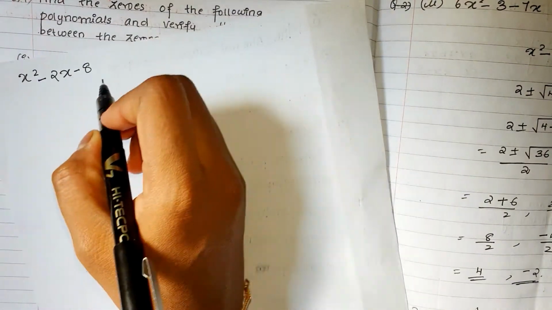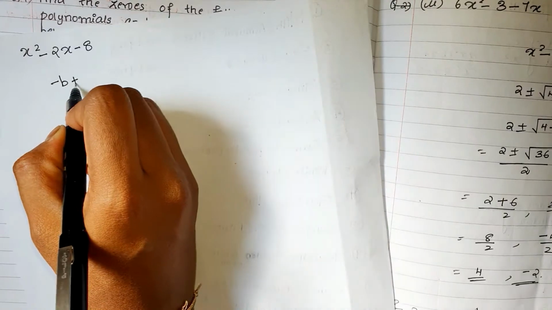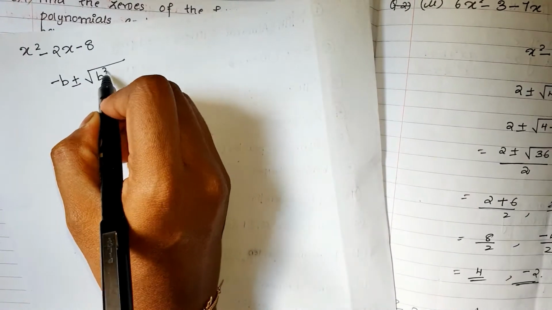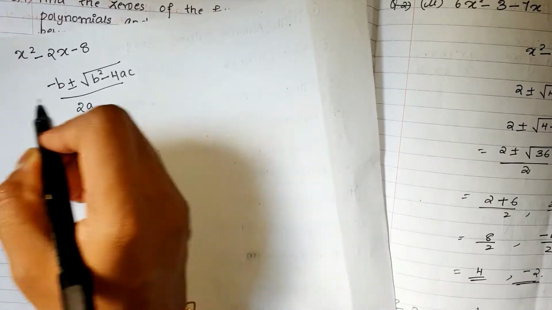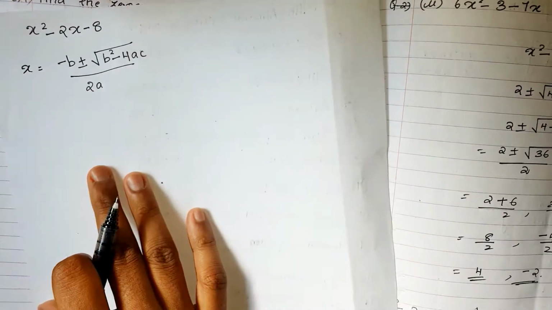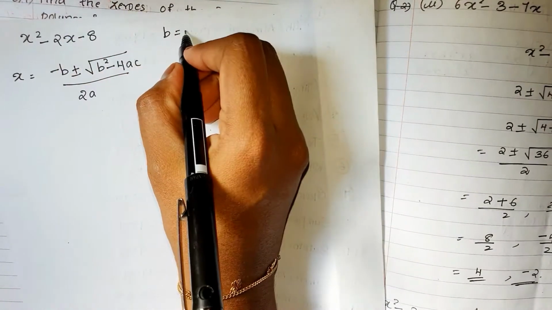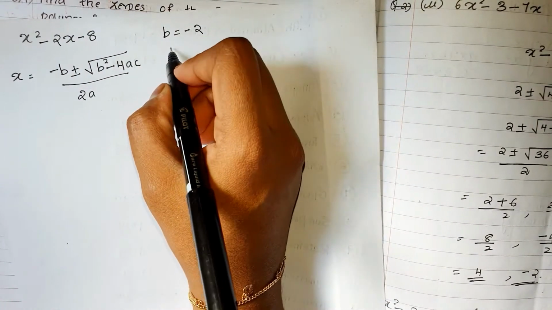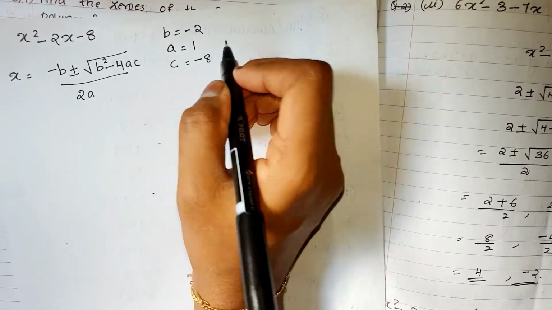And what is the formula for finding the value of x? x is equal to minus b plus or minus root of b square minus 4ac, by 2a. Okay, what is the value of b? Here the value of b is minus 2, the value of a is 1 and the value of c is minus 8.